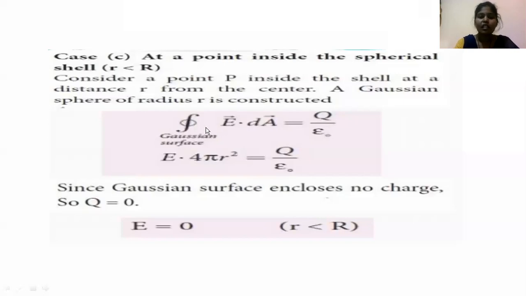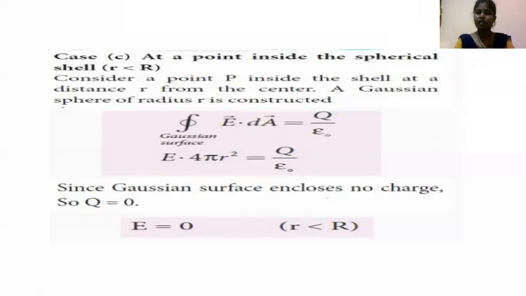Using Gauss law, the integration of E dA is equal to Q by epsilon naught, and this dA is the small amount of area on the Gaussian surface. So the integration of dA will be 4 pi r square, equal to Q by epsilon naught. But since this Gaussian surface does not enclose any charge, the charge Q will be 0.